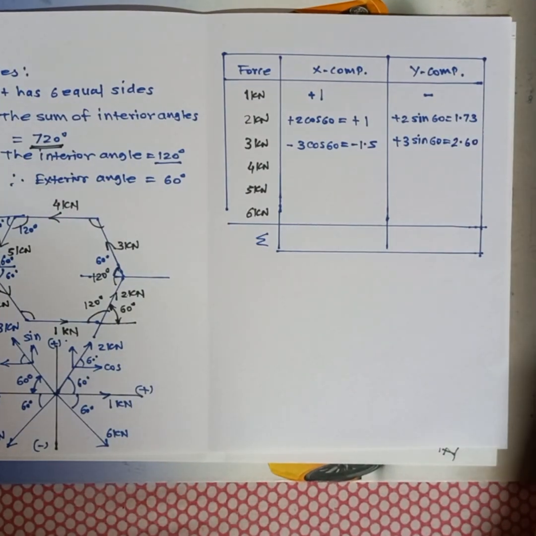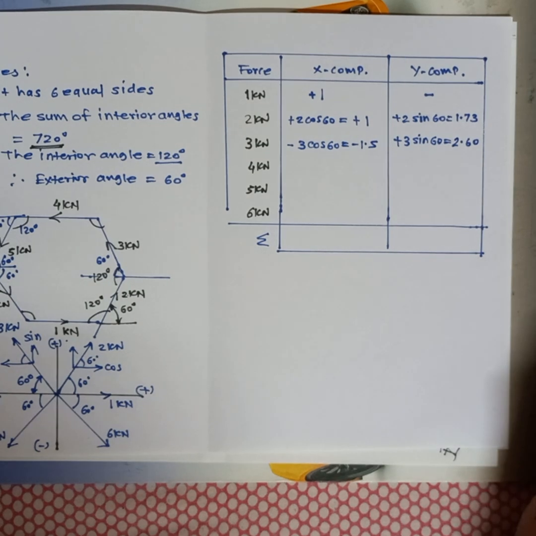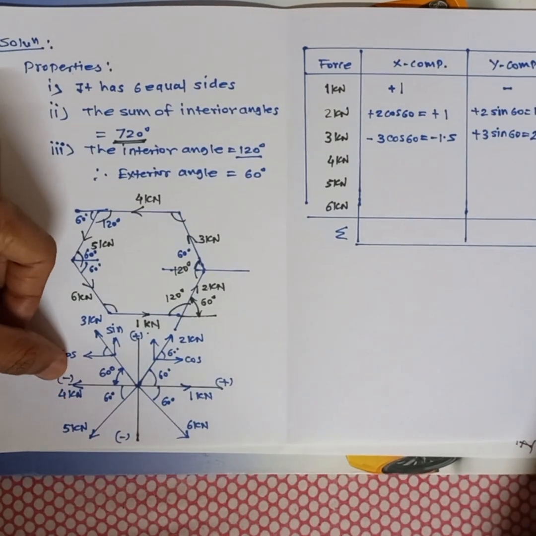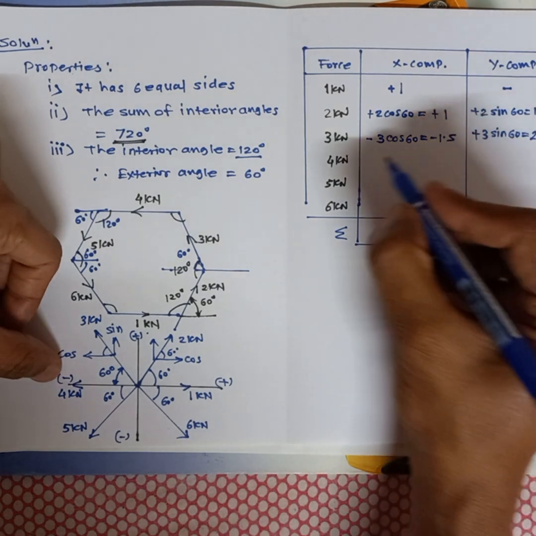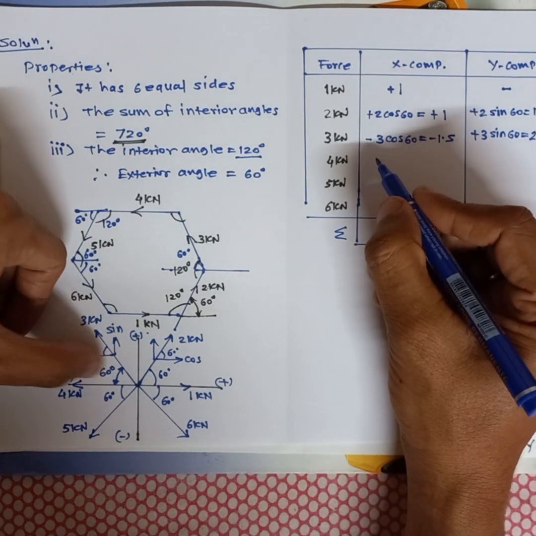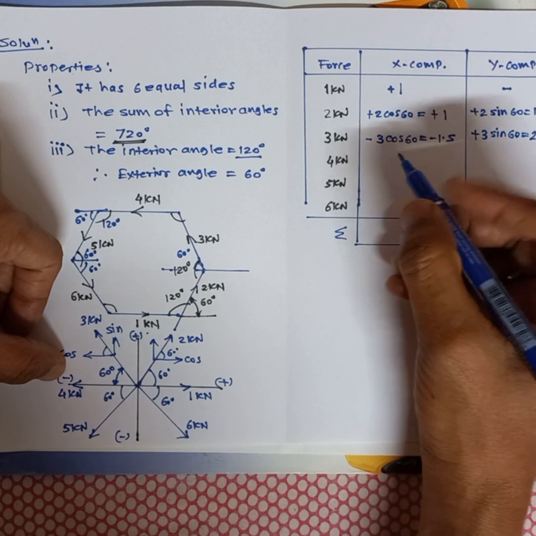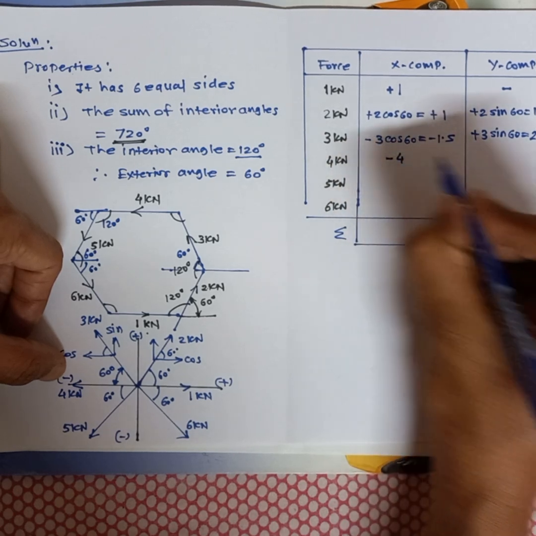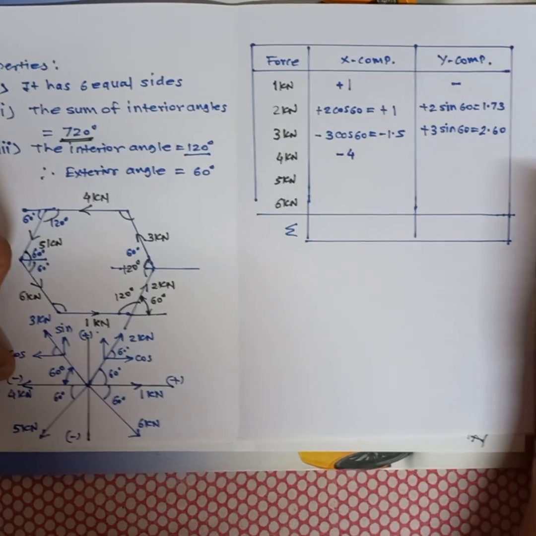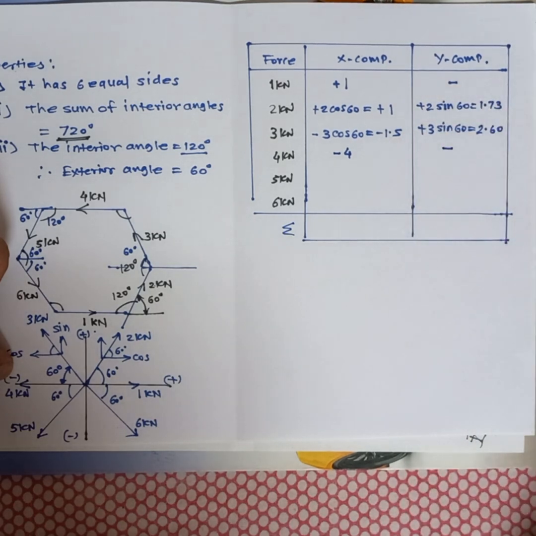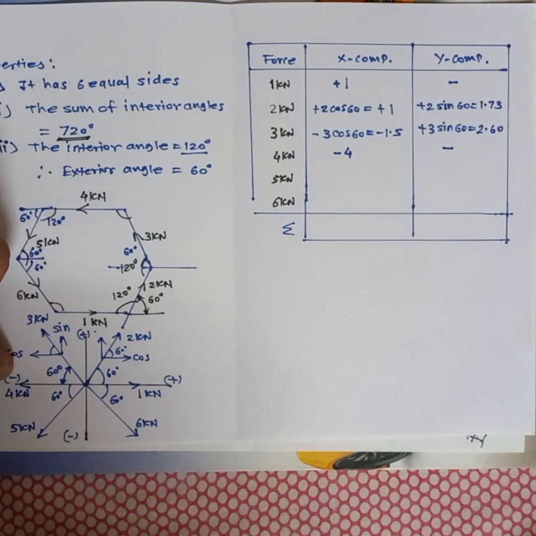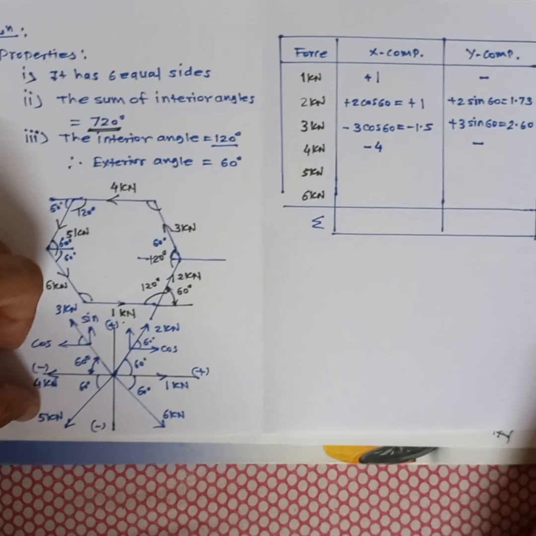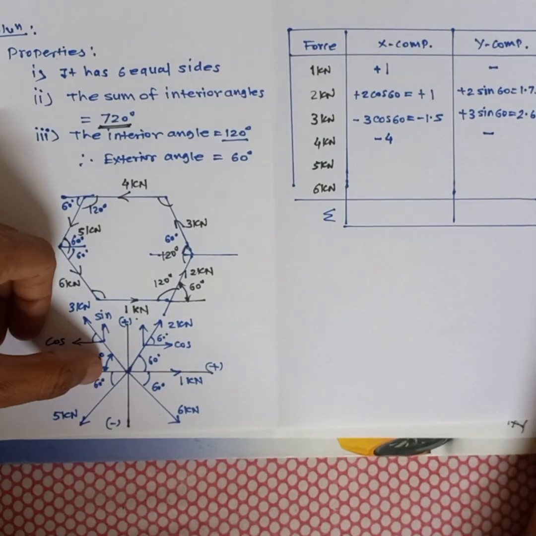You can check. Then next force is horizontal, that is 4 kilonewton. It is on the horizontal axis, so simply write minus 4, and y component is absent, so dash. Then next force, 5 kilonewton, is at 60 degree with horizontal.